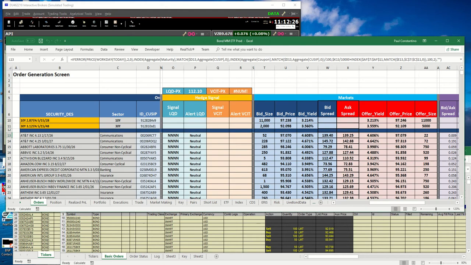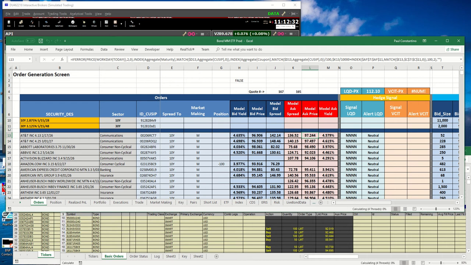So to start with, we look at the order screen, and the order screen provides a dashboard of what's going on in the marketplace as well as what my orders are based on the strategy that I'm using. In this particular case, I'm trading an ETF arbitrage strategy in the high-grade corporate bond markets.